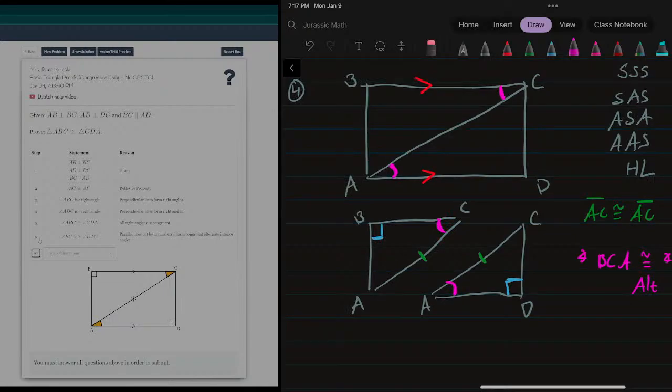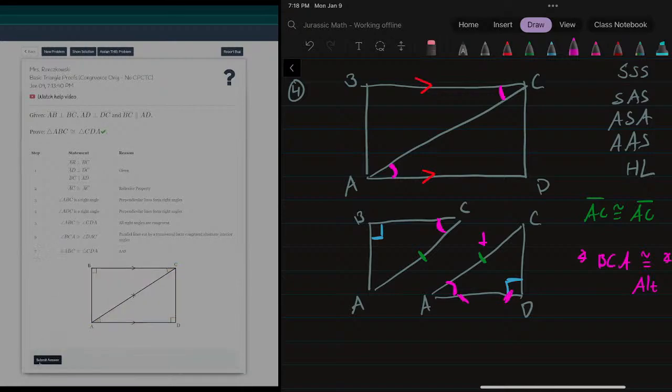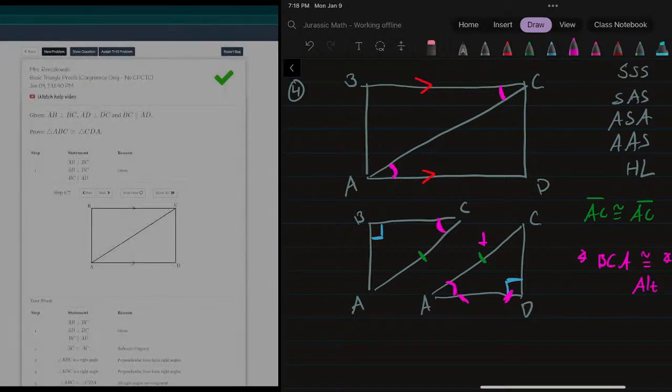Well, we now have enough information to say that these two triangles are congruent. We are going to be using angle, side. So I'm going to click angle, side, and type in my triangles ABC and CDA. Try. Bingo. Submit. All done.